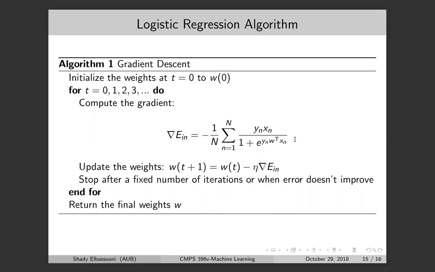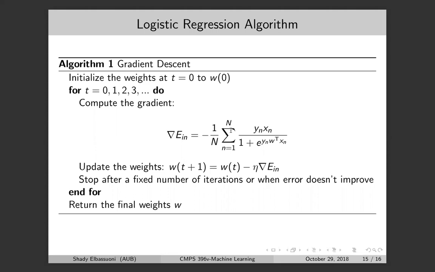Okay, so let's investigate this formula a little bit. Believe me that this is the derivative of the loss function, the cross entropy error, with respect to W. So what do I have? I have a training set which has n points and the labels.